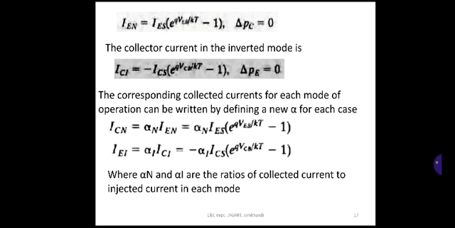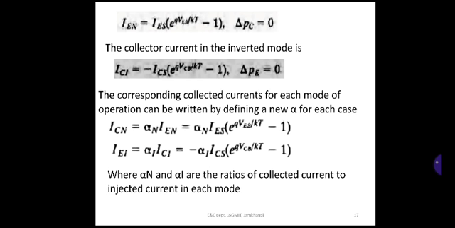So as before, the minus sign associated with the ICI means the inverted mode. Normally we define the IC current, but in the inverted mode, the holes are injected opposite to the defined direction of the collector current. That's why the negative sign. So the corresponding collector current for each mode of operation can be written by defining an alpha for each case.